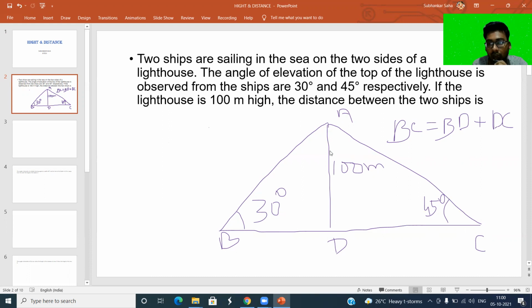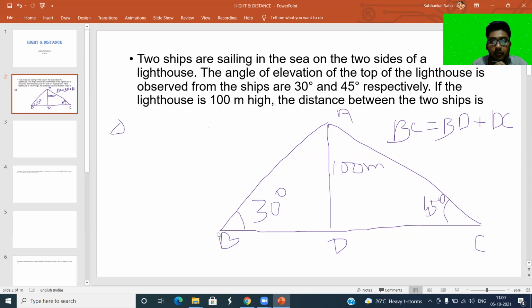In this question height is given, and to find the distance between the two ships means we need to find the base value.